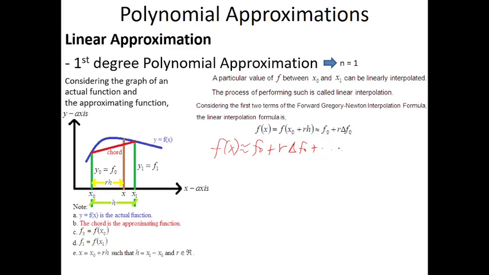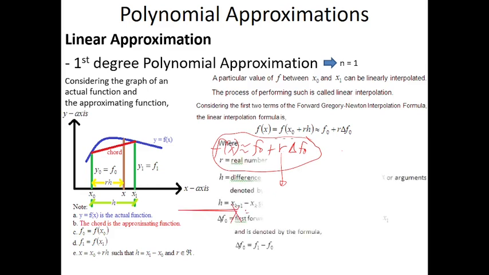As you notice, when we stop here, it is now a linear function, because r is a variable that can be expressed in terms of x, since there's a relationship between x and r wherein x equals x sub 0, sorry.